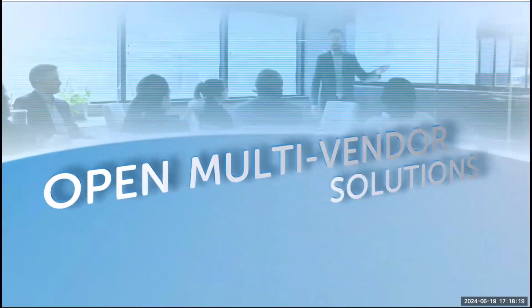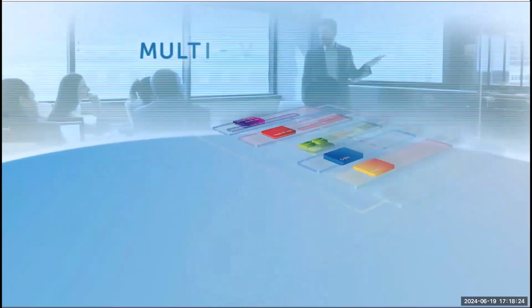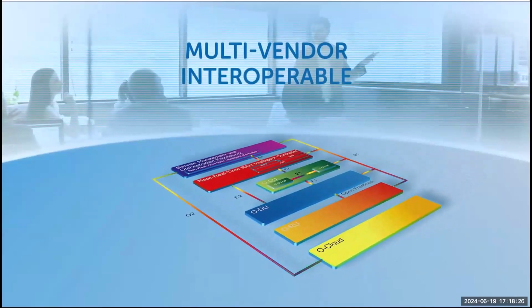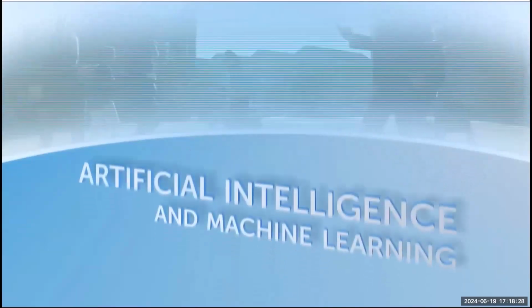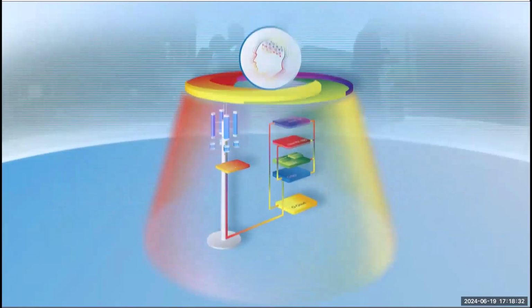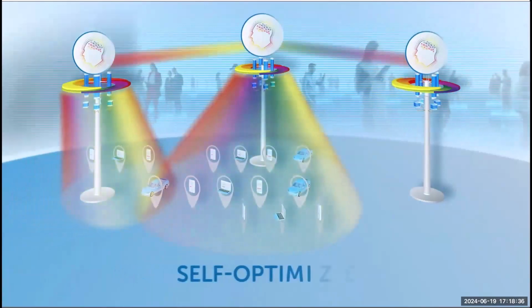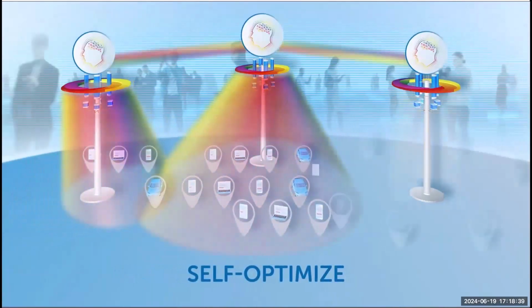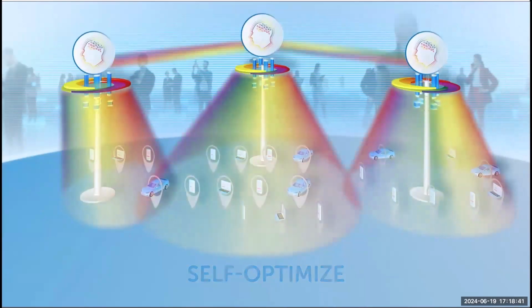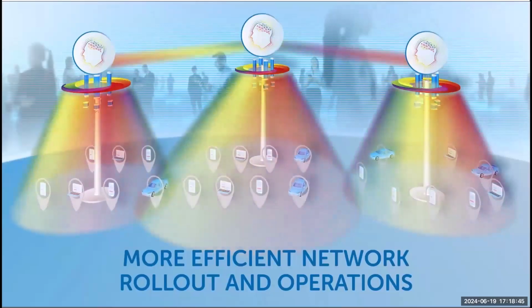Second, the O-RAN architecture is based on well-defined open interfaces to enable a multi-vendor interoperable supply chain ecosystem. Third, the O-RAN architecture empowers mobile networks through artificial intelligence and machine learning. O-RAN networks can self-optimize to ensure the best possible service for the end customers, and automated operations and maintenance enable more efficient network rollout and operations.